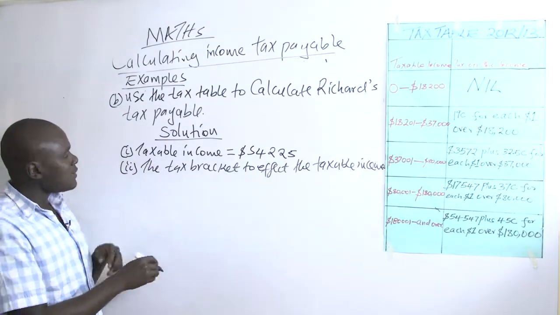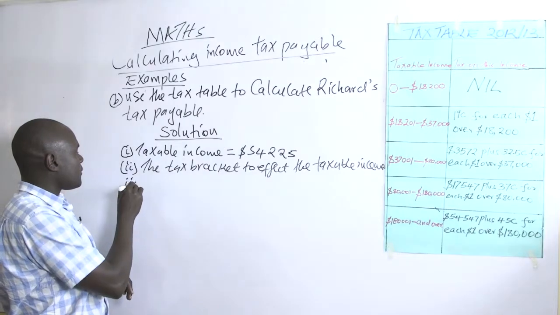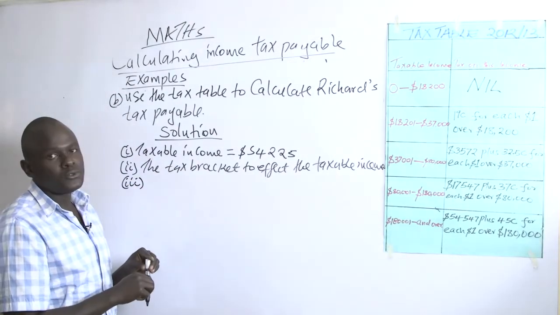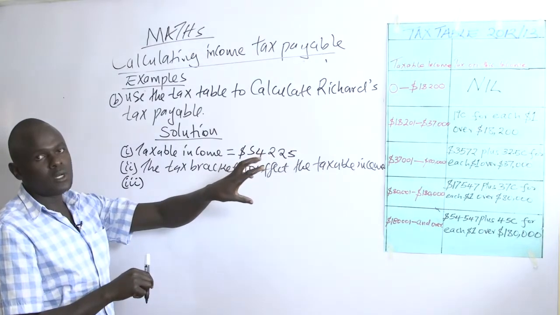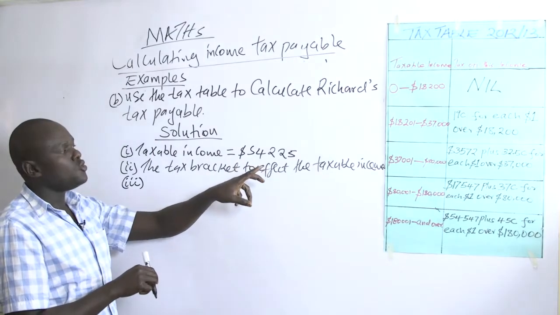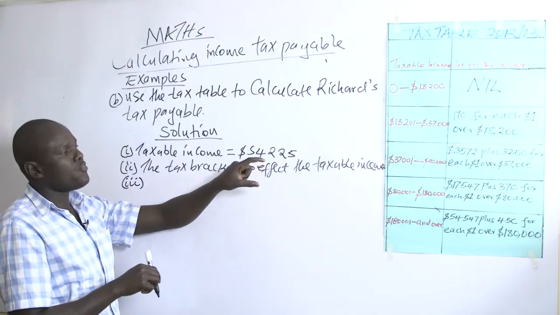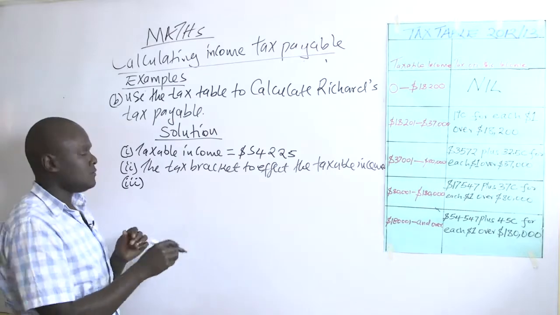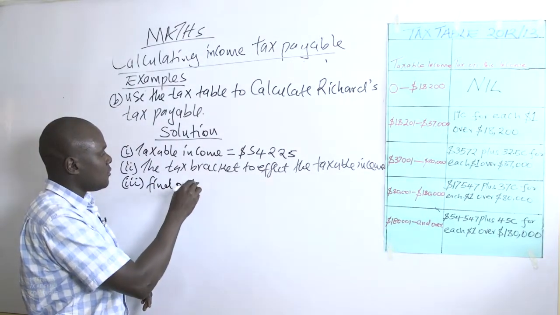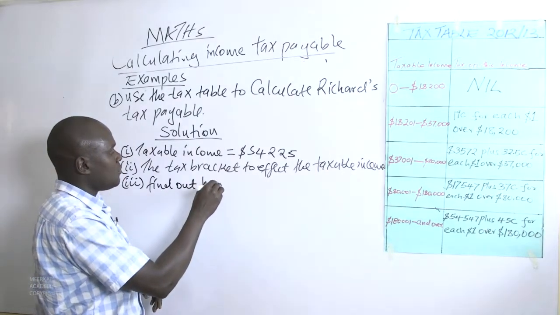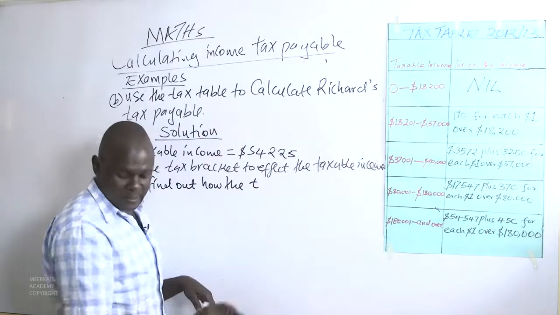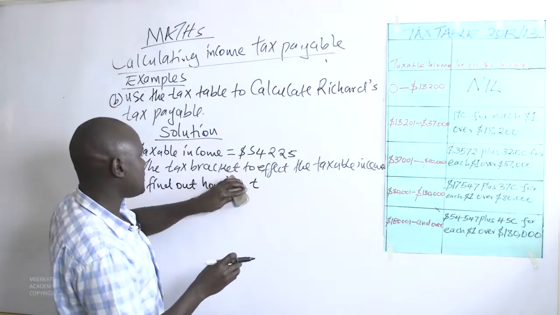Having looked at that particular tax bracket, the third thing is for us to know the guiding rule. How is this tax going to be affected? How do we calculate taxes in that particular tax bracket?